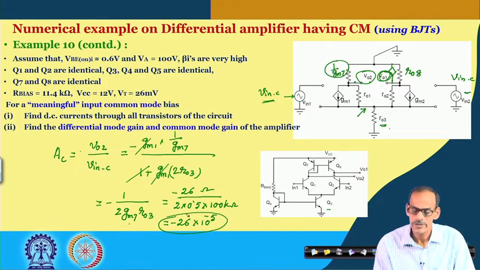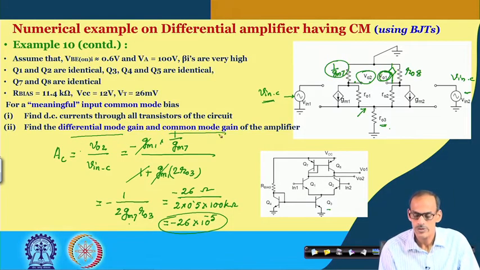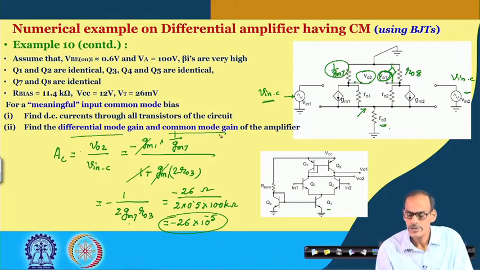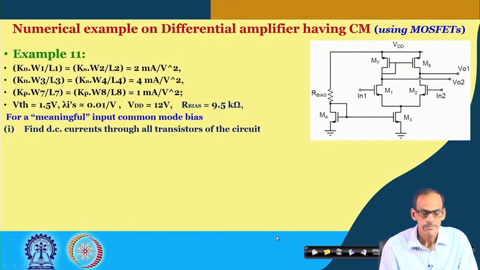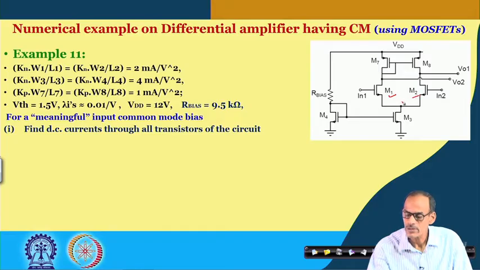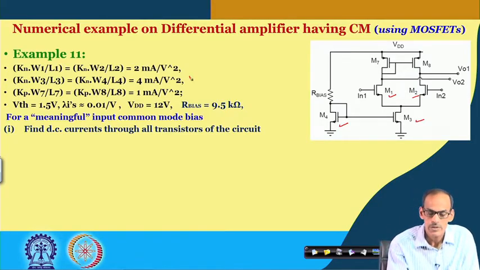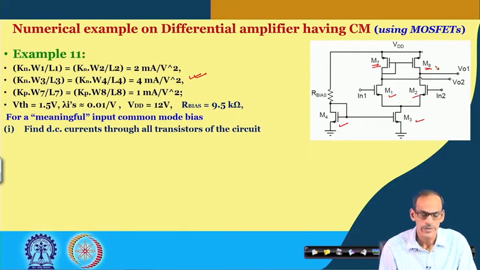So, that makes this circuit have a good differential mode gain, and the common mode gain is quite low. A similar kind of circuit can also be constructed using MOSFET. So, in the next slide we will be talking about that. Here again we are assuming that these two transistors are identical, and the load part is also an active current mirror load, and they are also identical.